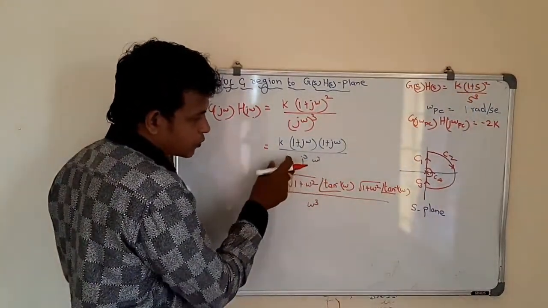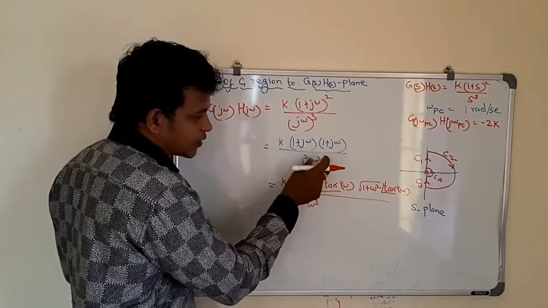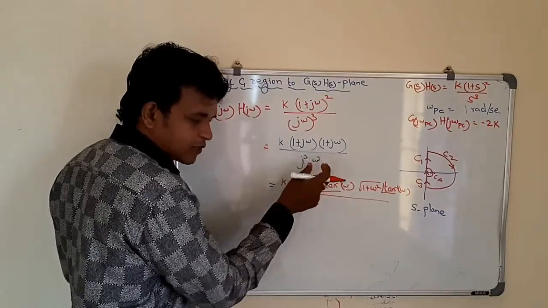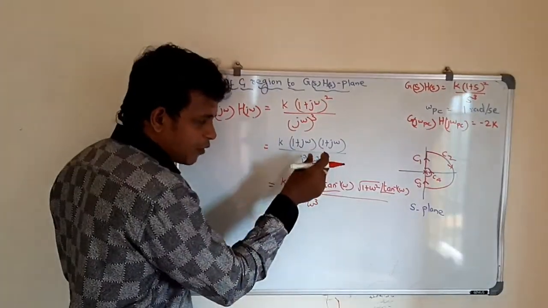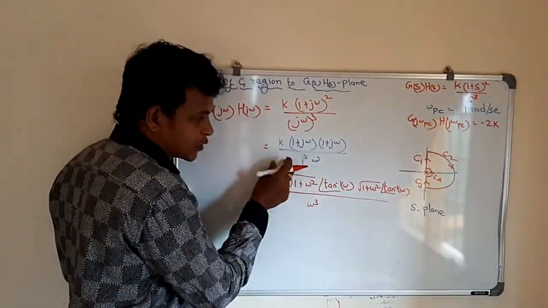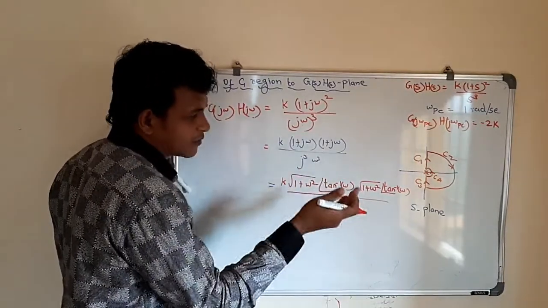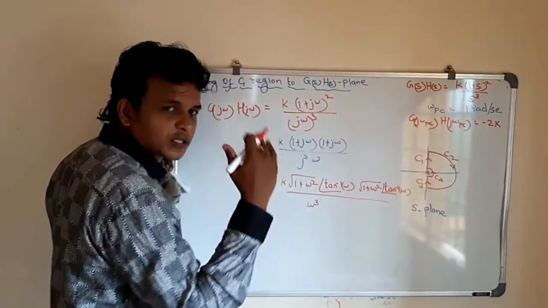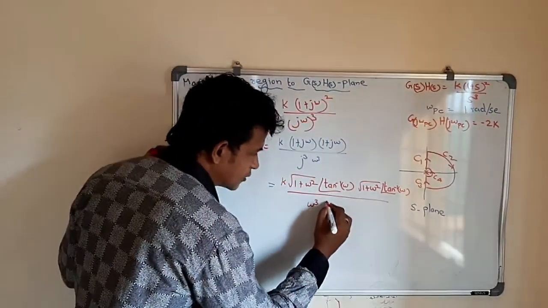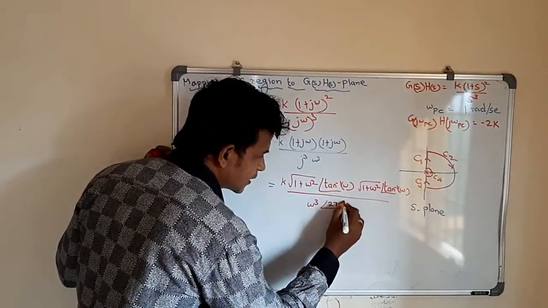So tan inverse of imaginary part divided by real part, and the real part is 0. Tan inverse of omega cube divided by 0 is tan inverse of infinity, which is 90 degree. But here we have j cube, so 3 times 90 degree is 270 degree.